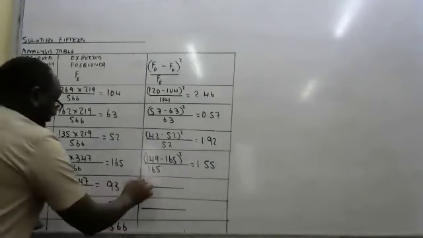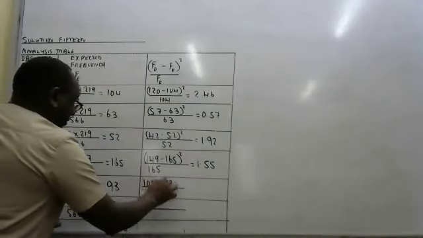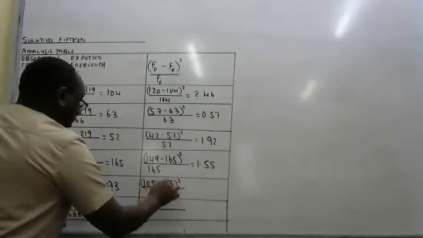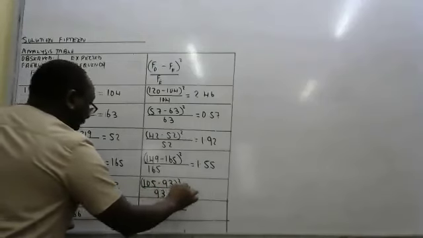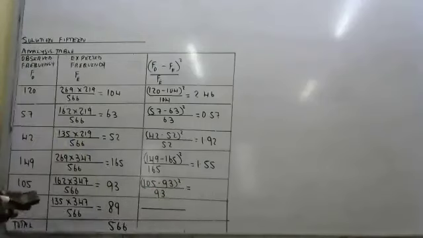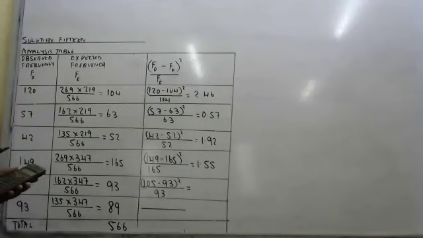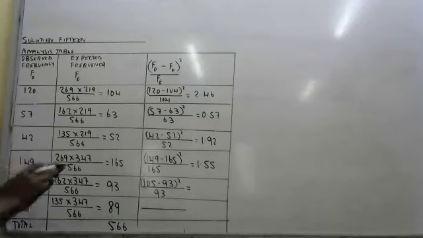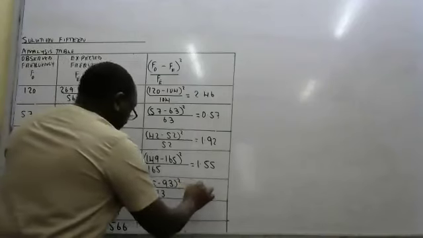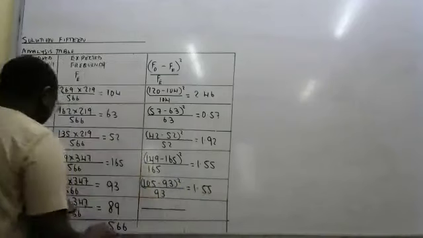Huyu mwingine 105 minus 93, you square, you divide by 93. It's 1.55 again.